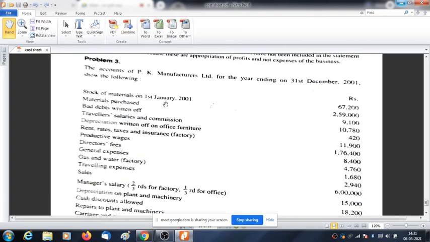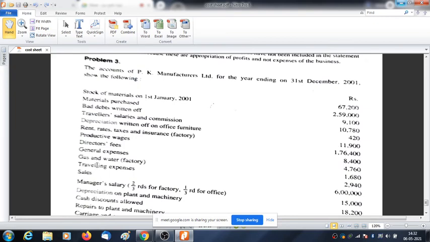Stock of material. Here, stock of raw material is given. Material purchase, bad debt written off. Travelers' salaries and commission. Travelers means they have commission, assumed salesman, okay, salesperson. Depreciation, rent and taxes, productive wages. The definition itself is not clear, but we will assume it is direct wages.